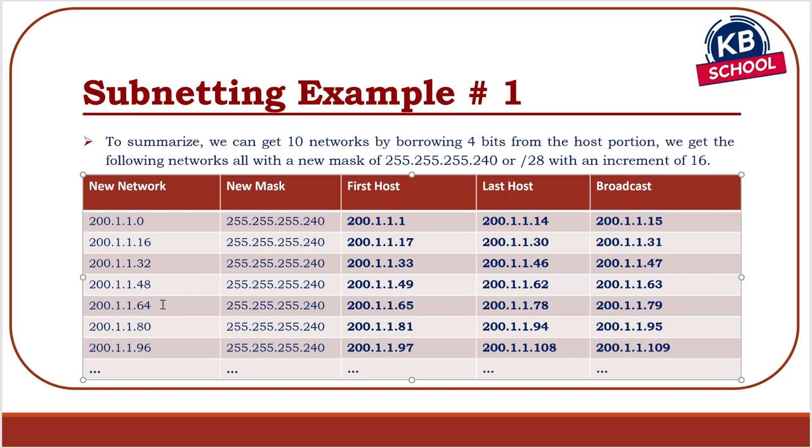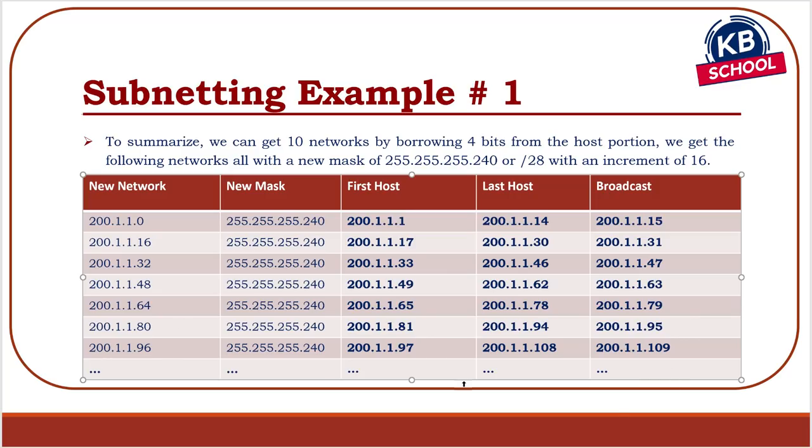All right, on this 64 network, 65 is the first one, 80 is the upper block, so 79 is the broadcast, 78 last usable one. On the 80 network, 81 is the first one, upper block is 96, so 95 is my broadcast, 94 is my last usable one. And 97 on the 96 network.